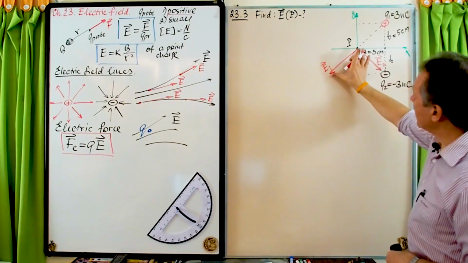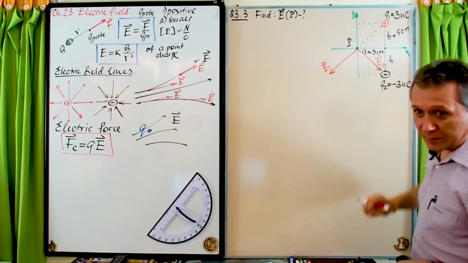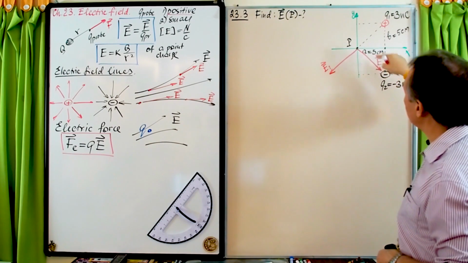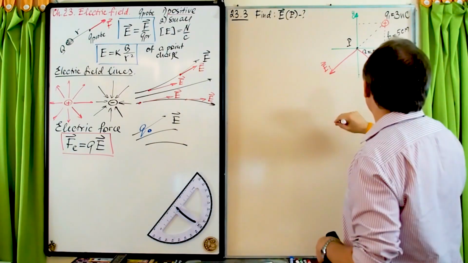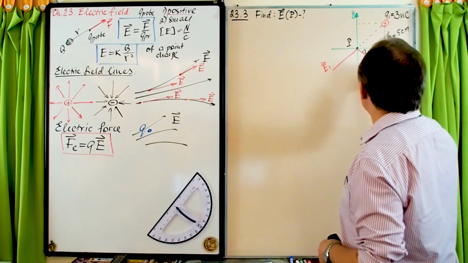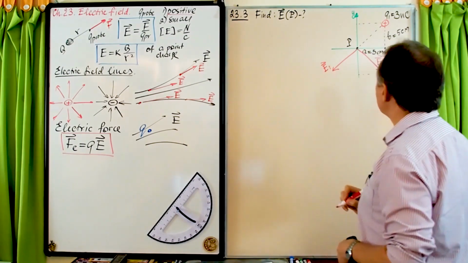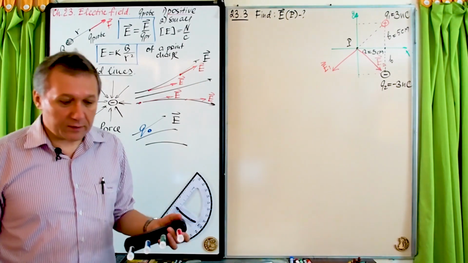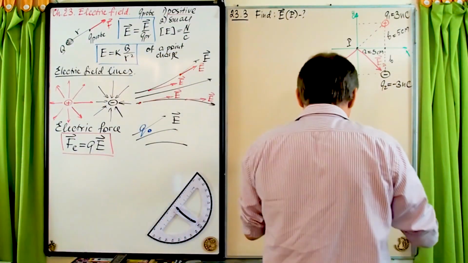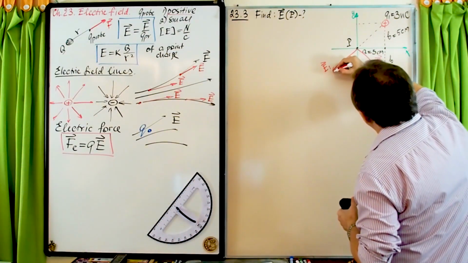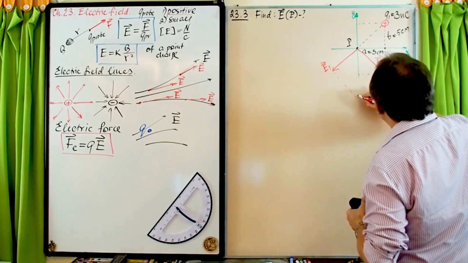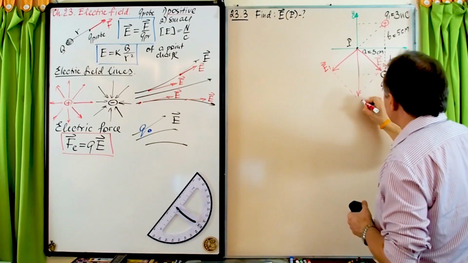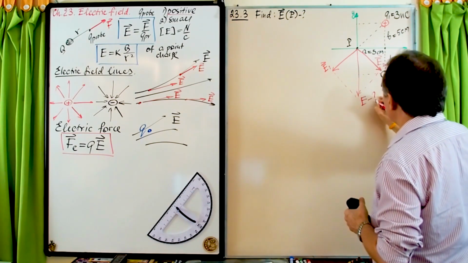And of course, the strength of this field and that field must be the same because charges are the same and the distances from this charge to the point P and from this charge to that point are the same. Let me make it the same length. Okay, I will slightly make it shorter. Okay. And so now we just need to add these two vectors up as vectors. And of course, you will end up with the net electric field pointing straight down.